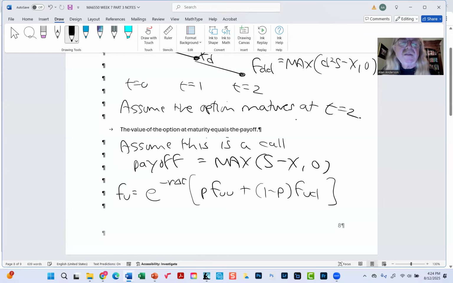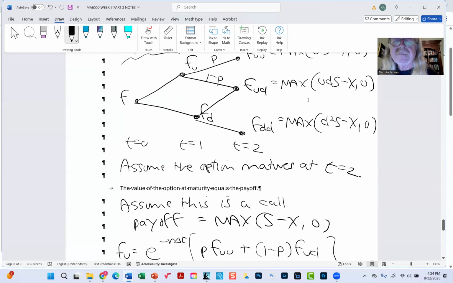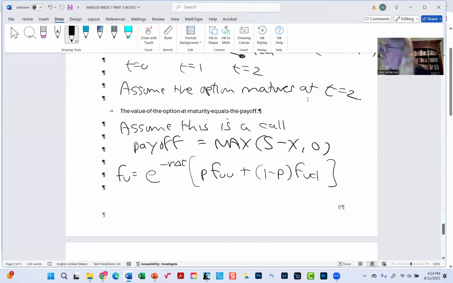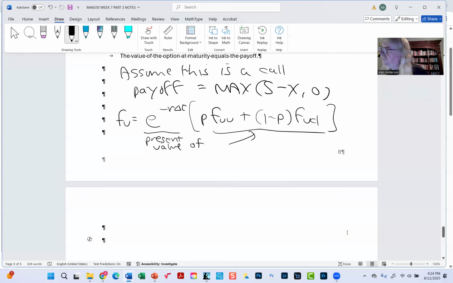So let's break this down a bit. In other words, the probability of moving up is P, down is 1 minus P. If we go up, we'll reach F_UU, and if we go down, we'll reach F_UD. This is the present value of this, which we can think of as the expected payoff.